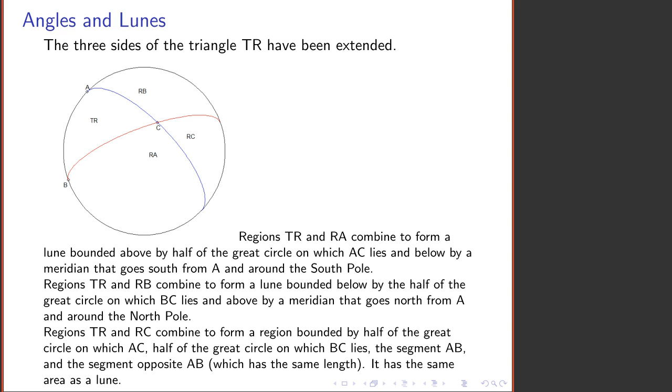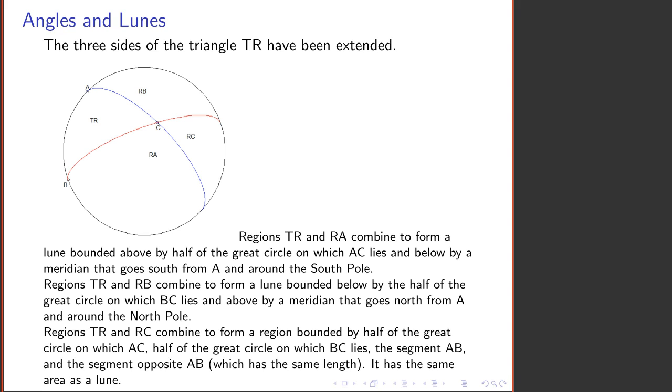Here's my triangle, ABC. Here is a region that I have labeled RA. And let's combine those two regions into one and look at the boundary. One boundary is a great circle that goes from A to C and is then extended around so that it reaches the point that's antipodal to A. So this distance is half the circumference of the Earth.